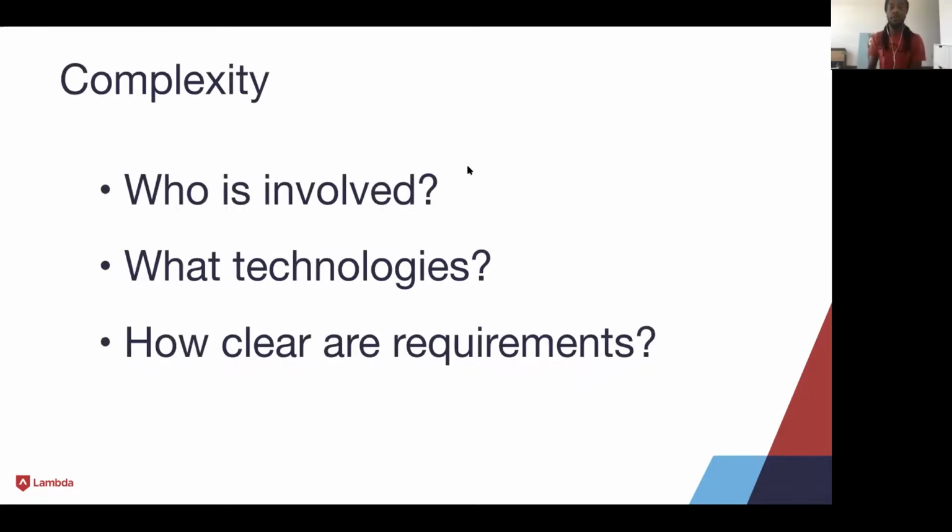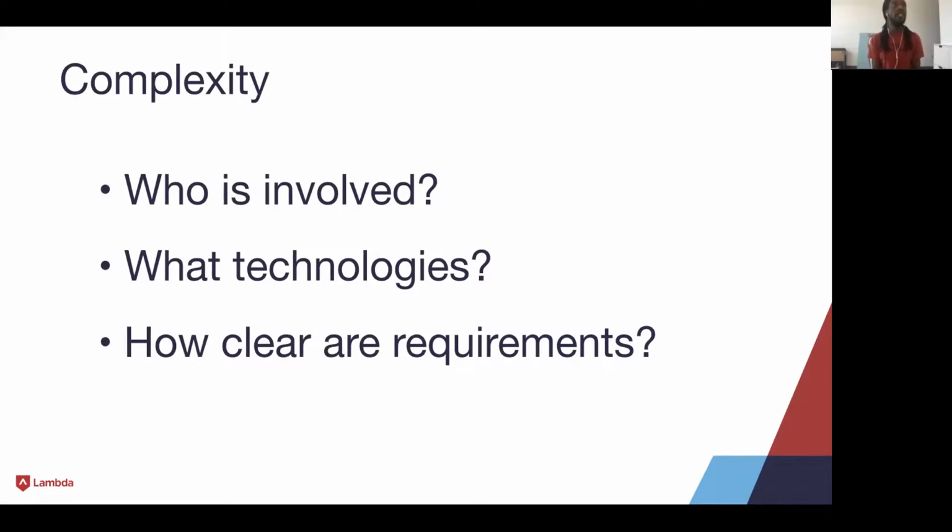When thinking about your complexity score, you need to think about a few things. The first is, who is involved? The next is what technologies will be used to create the solution. Potentially, will there need to be a custom built solution, or is this something that could be an off-the-shelf type of implementation, something that has already been implemented in other technologies, or something that needs to be custom built by the designers as well as developers?